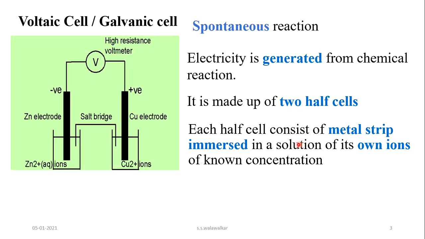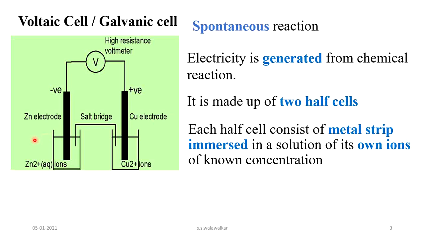Metal strip is immersed in a solution of its own ion and of known concentration. Its concentration is known. That is 1 molar, 0.1 molar, like that. So the metal strip immersed in a solution of its own ion having known concentration is known as half cell.